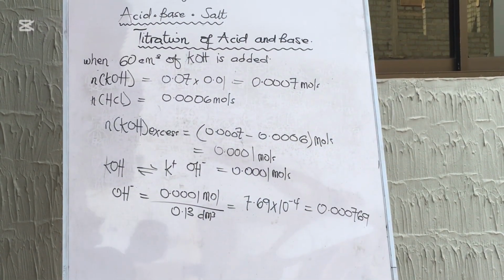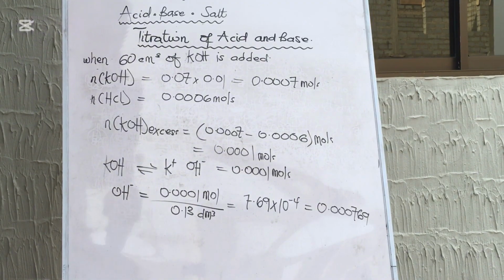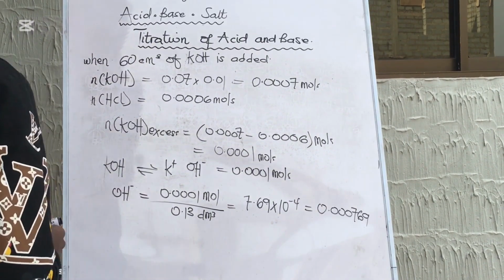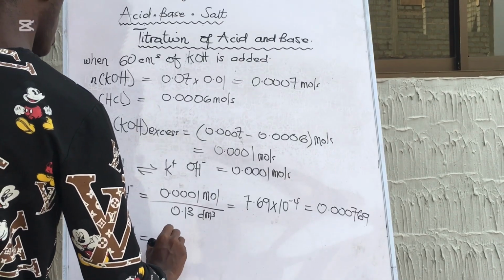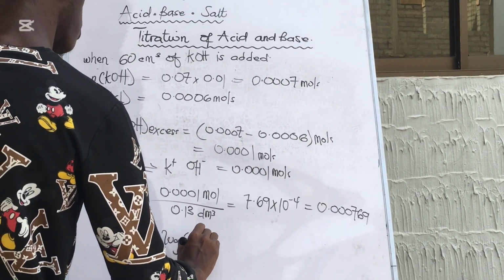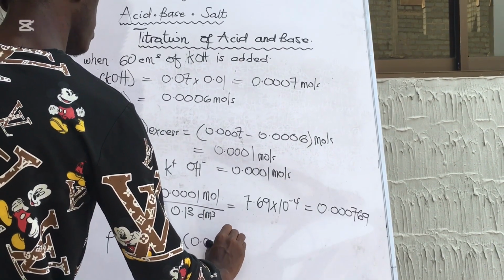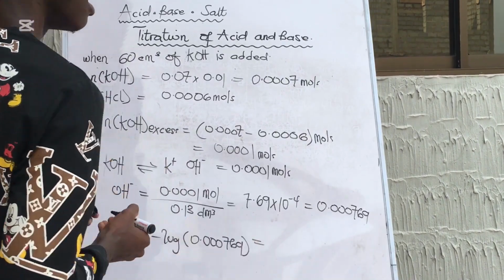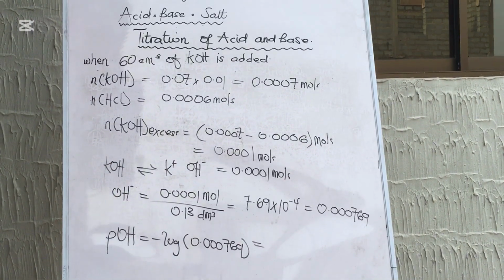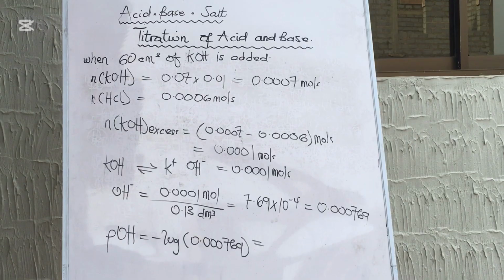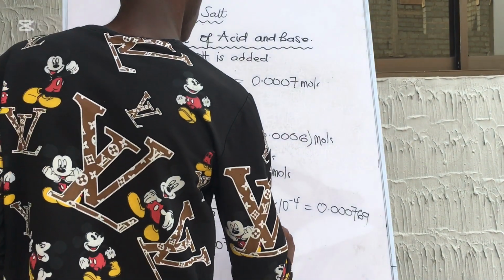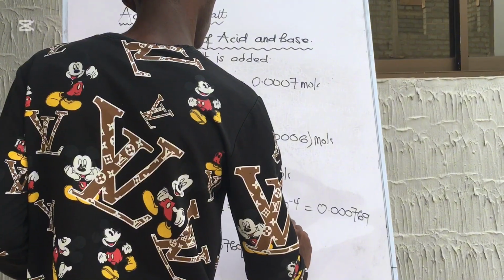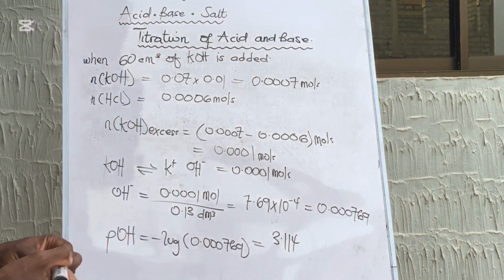Then you find the pH. Here, before you find the pH, you need to find pOH because you are having the concentration of the OH minus. So pOH will be given as negative logarithm of 0.000769. And you'll be getting our pOH to be 3.114. So this is our pOH. How do you find pH?